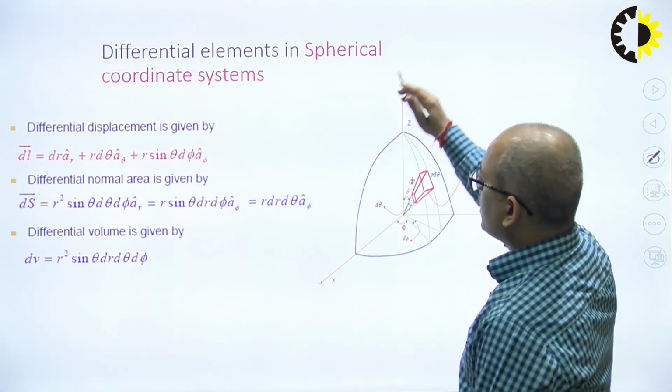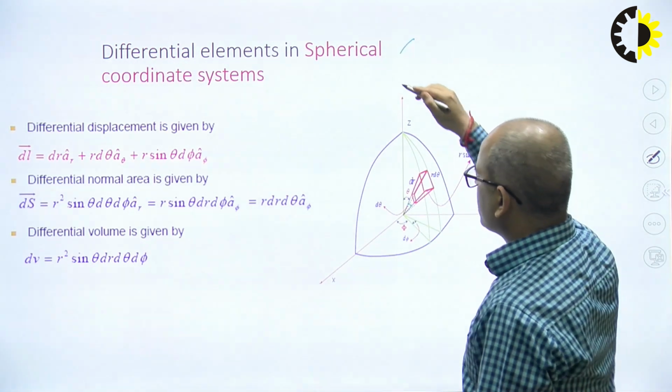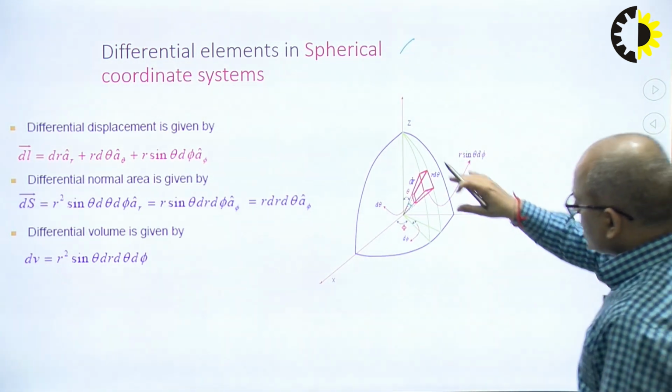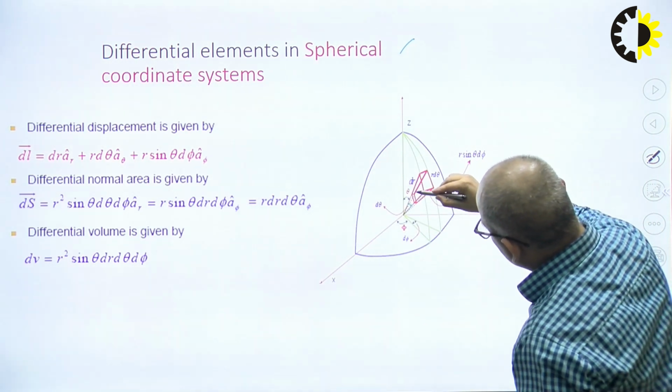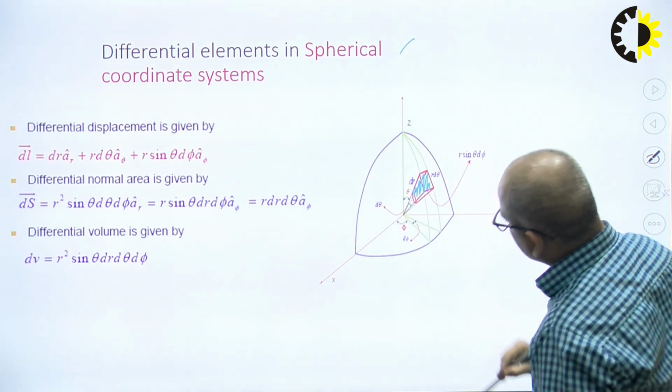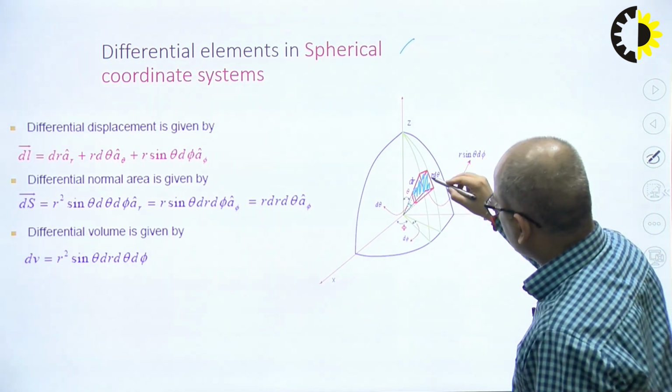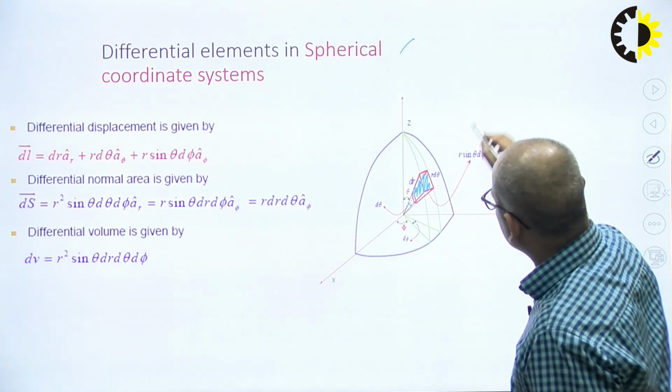Now similarly, consider the differential element in the spherical coordinate system. Let's say this one is the whole sphere and this one is the smallest differential sphere. So in that case, there will be 3 dimensions.